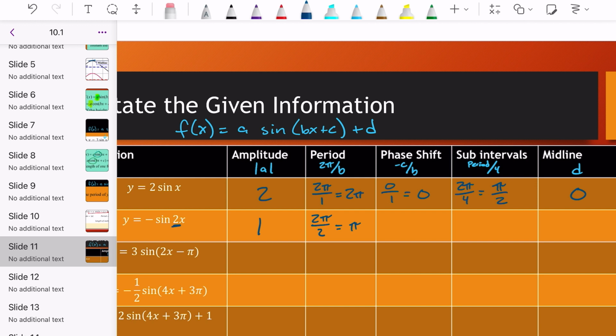We look at negative c, which is going to be 0 over 2, which is still equal to 0. Our subinterval is pi over 4. In this case, we cannot simplify, so it stays as pi over 4. And our midline is still 0.